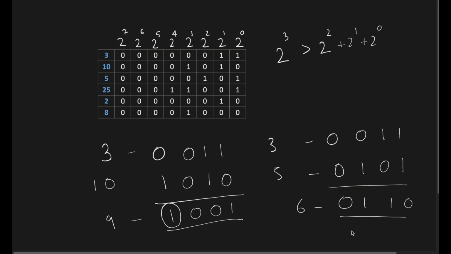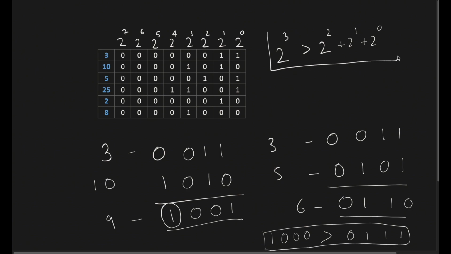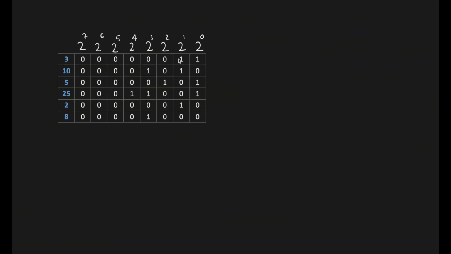Even if it had been 0 1 1 1, the 1 0 0 0 is still greater than that, is what I am trying to show here. That's why the criterion becomes: if we are able to set the leftmost bit, that would give us the maximum XOR. So let us see how a trie would help us in solving this problem.